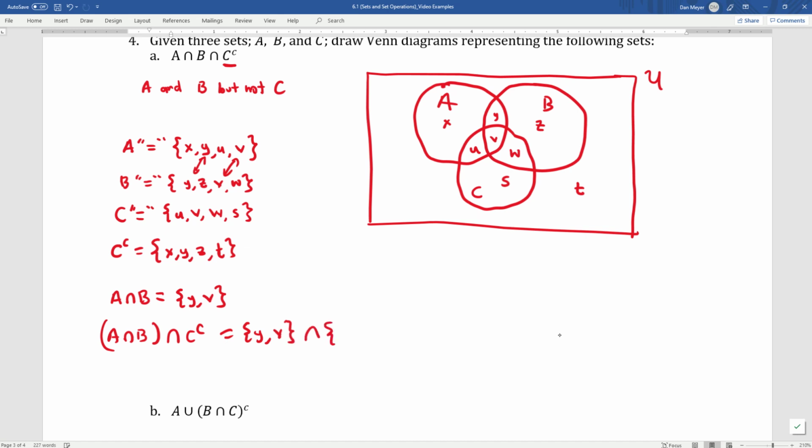Intersect C complement, we determined was X, Y, Z, and T. Again, all of the elements that are in both, because of the intersection here, the only element that's in both is Y. And that's why we shade that region up there. So this coloring by letters, which compares to paint by numbers, is you can kind of write down these fake sets.